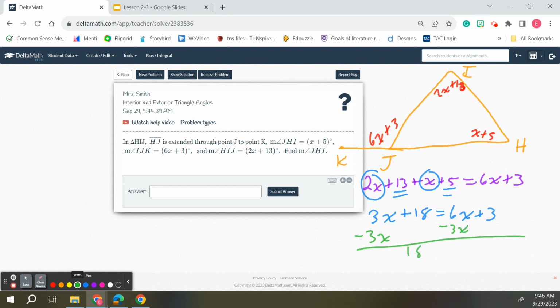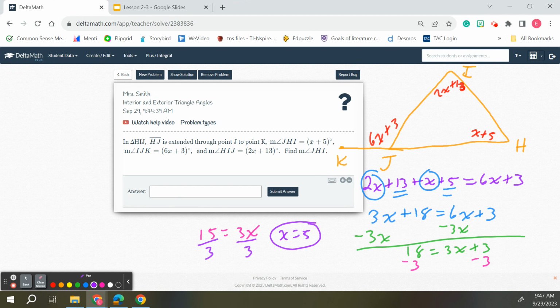That leaves me with 18 equals 3x plus 3. Let's subtract the 3 from each side. That leaves me with 15 equals 3x. I'm going to divide both sides by 3. So that leaves me with x equals 5. So there's my x.